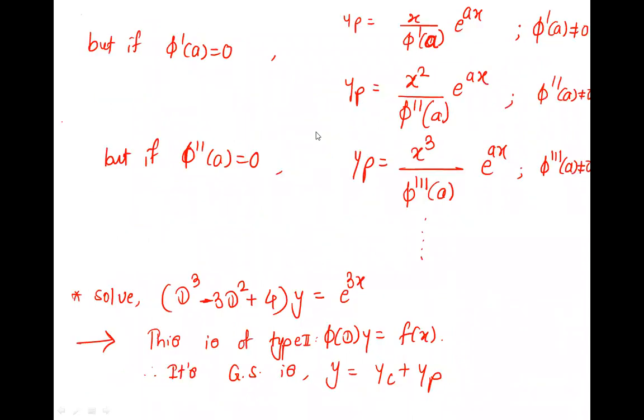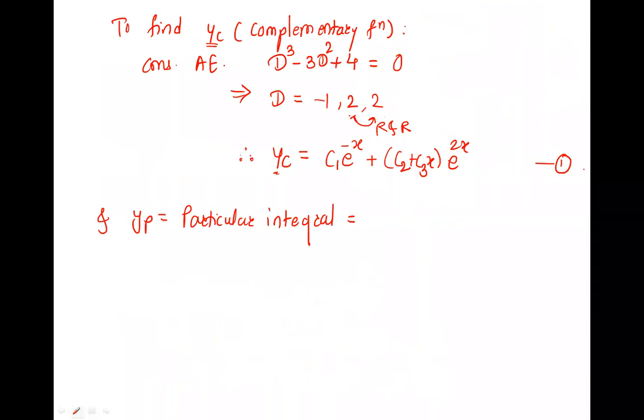So how will you define it here? 1 upon this, into f of x, the right hand side function, that will be multiplied. So 1 upon d cube minus 3d square plus 4, that phi d we have written down, into f of x.